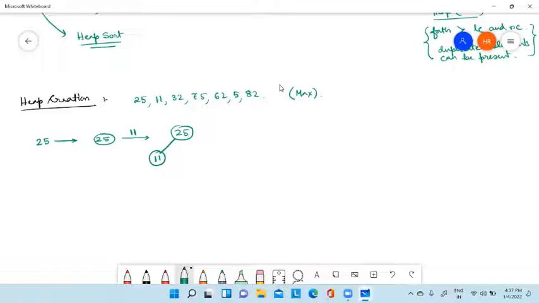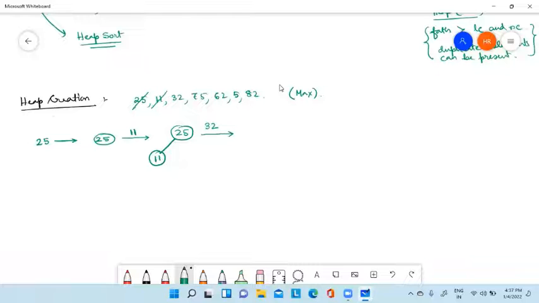So first I will add it in this position. Now it is a complete binary tree. Now the next thing that I will check is whether it is satisfying the max heap property. Now see here, 25 is greater than 11, father is greater than children, so it is satisfying, so it is okay. So I will move forward for the next data. 25 done, 11 done. Now I am going for 32.